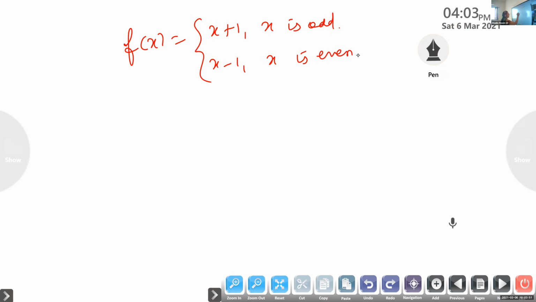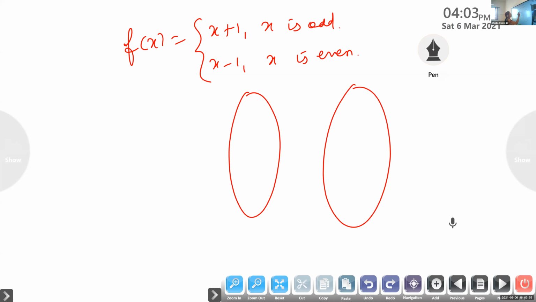So it is from N to N. I'm drawing this figure. Natural numbers means you will have 1, 2, 3, 4, 5, etc. Here also it starts from 1, 2, 3, 4, 5, 6, 7, etc. Now, what about the image of 1?